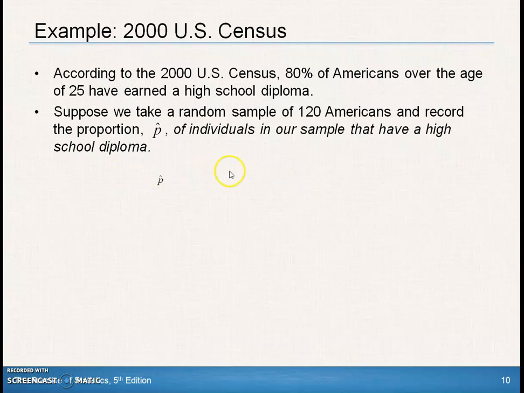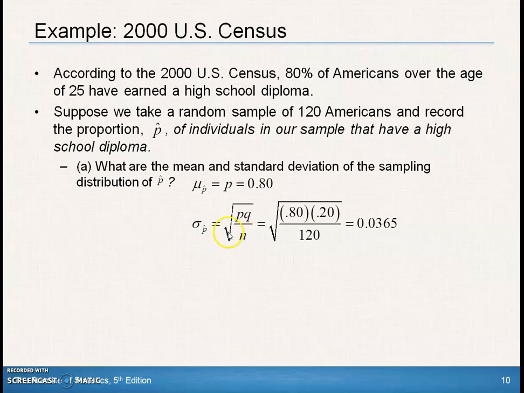So what are the mean and standard deviation of the sampling distribution? Well, first of all, we've got to make sure that it fits. Mu sub p cap equals 0.80, that's 80%. Sigma sub p cap is the square root of pq over n.